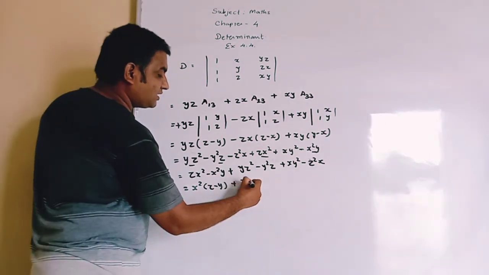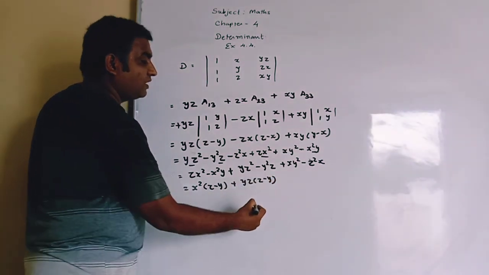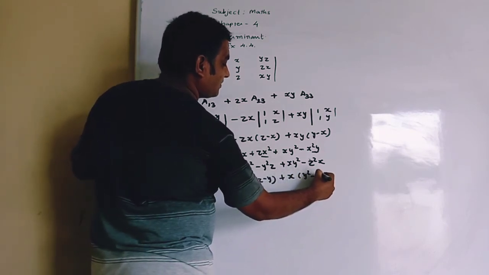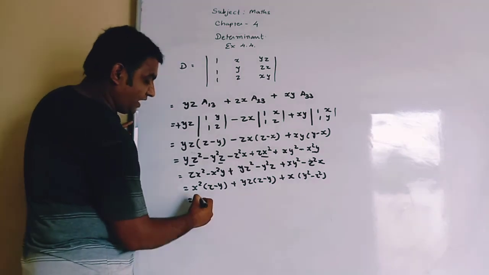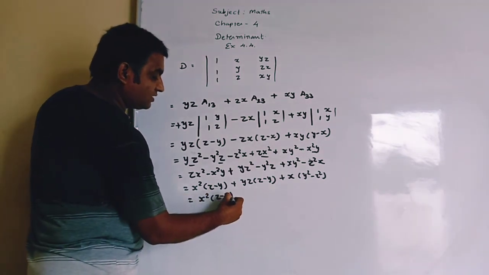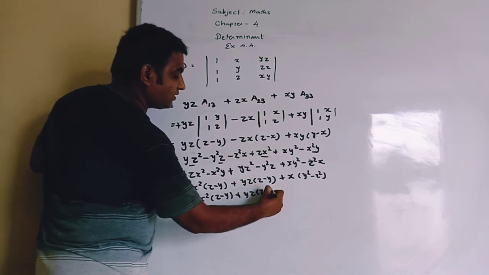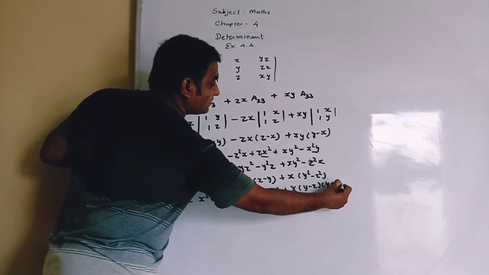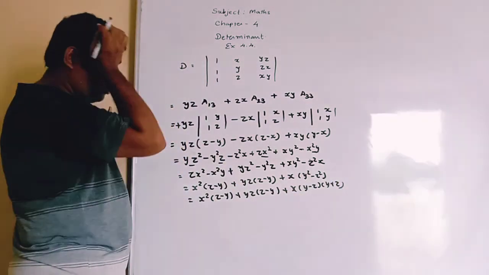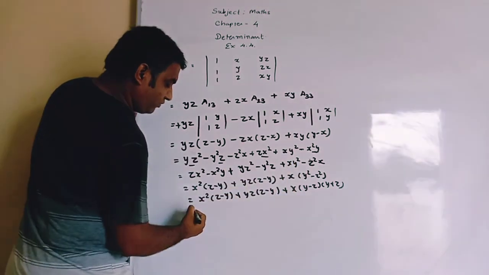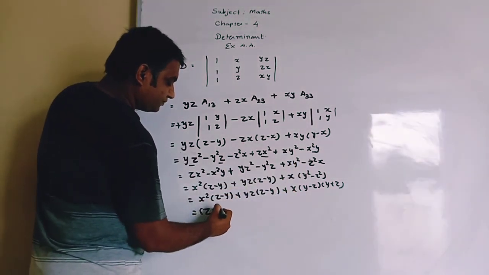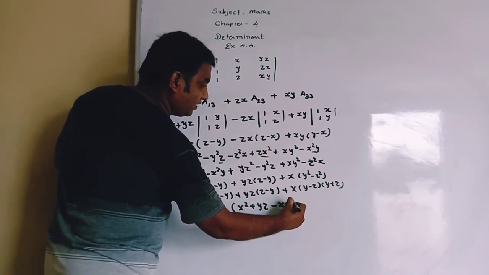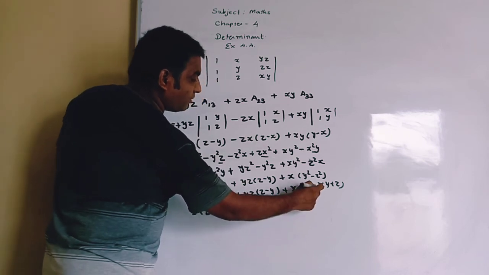From the next two terms yz is common, so z minus y, and from the last two terms x is common, y squared minus z squared. So x squared into z minus y, plus yz into z minus y, plus x into y minus z, y plus z. So z minus y is taken out common from each term, and x squared plus yz minus x into y plus z, because here y minus z is there.